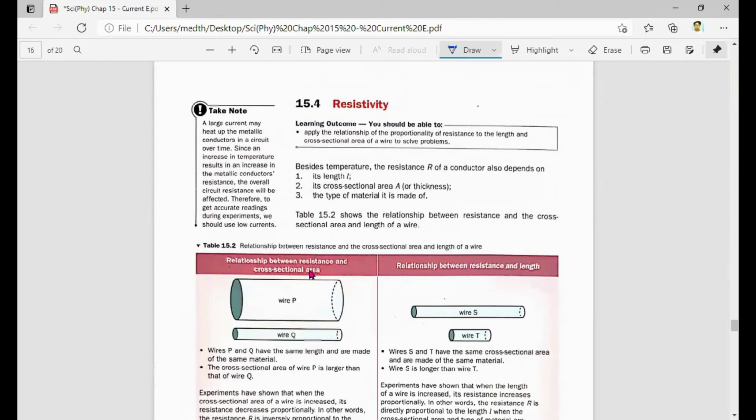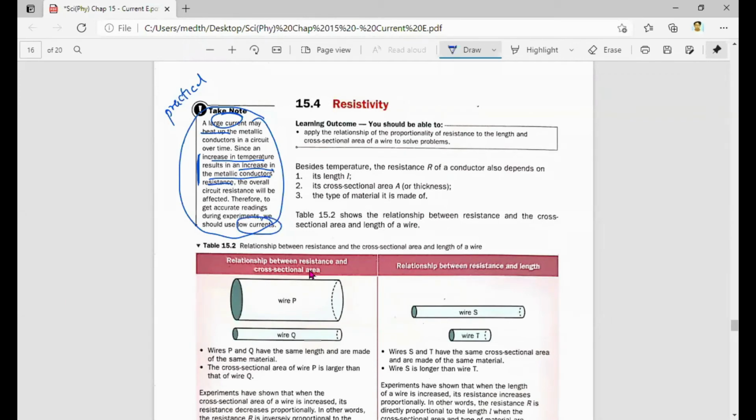Before we go into all this, I need you to take note of this, more for your practical. A large current may heat up the conductor, and an increase in temperature causes an increase in resistance. So when the temperature of a conductor increases, it increases the resistance. That's why, whenever we do an experiment, we make sure that we use low currents.